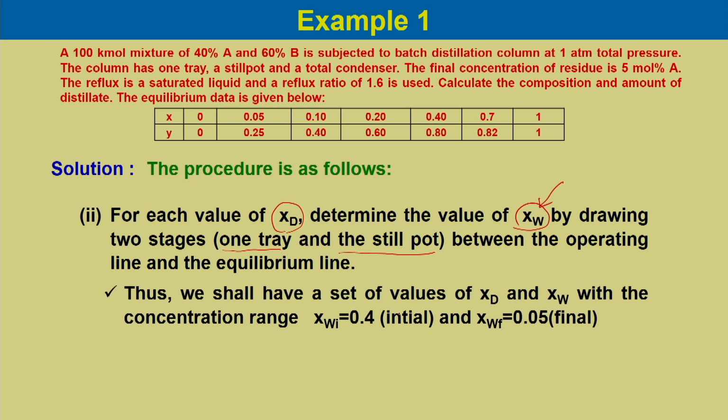Thus, we shall have a set of values of xd and xw with the concentration range of xwi, that is 0.4 initial concentration, which is 40 mole percent A, and the final concentration of the residue is 5 mole percent, 0.05. So, this is the final xwf.